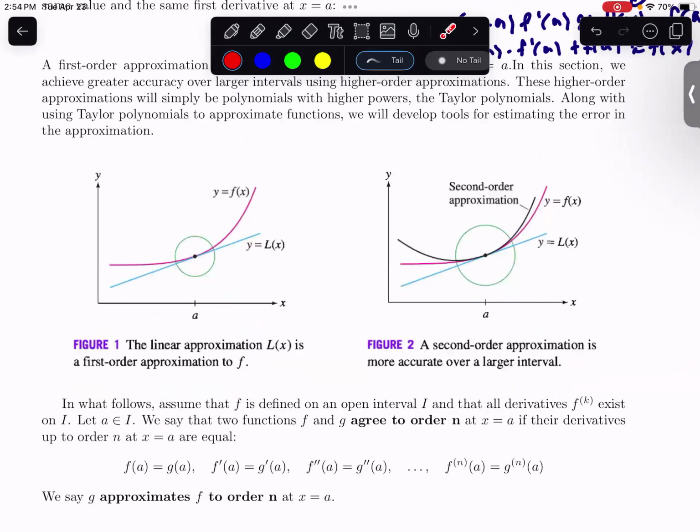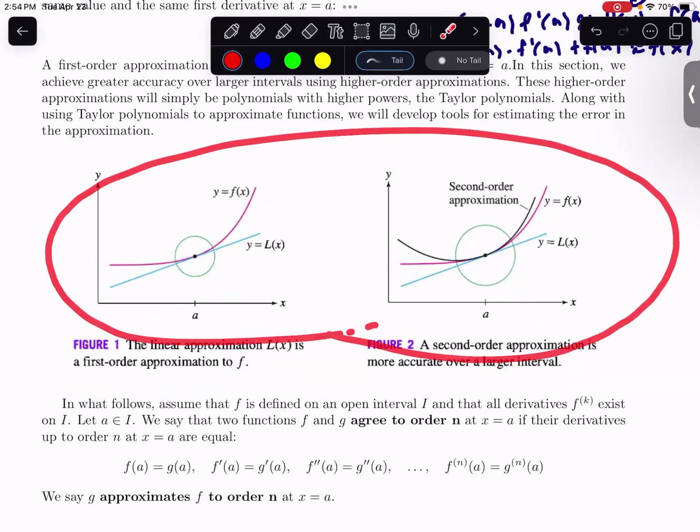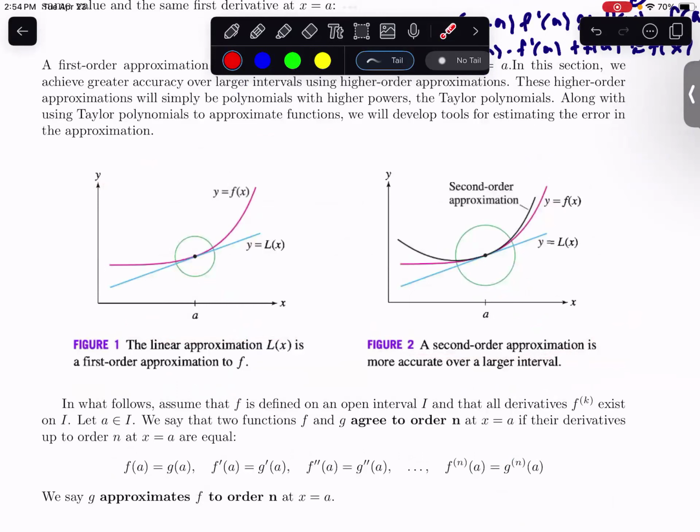So this picture summarizes what we're going to be pursuing in these last two sections. We have this original function f of x. The linearization is just the equation of the tangent line at x equals a, so it's just this line here. If you incorporate the second derivative into this linearization, you get the second order approximation, and you can see it's no longer a straight line.